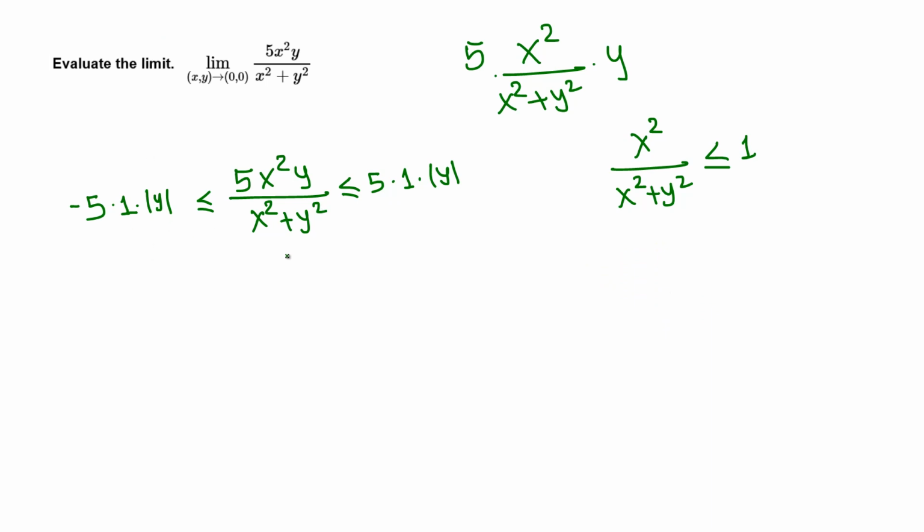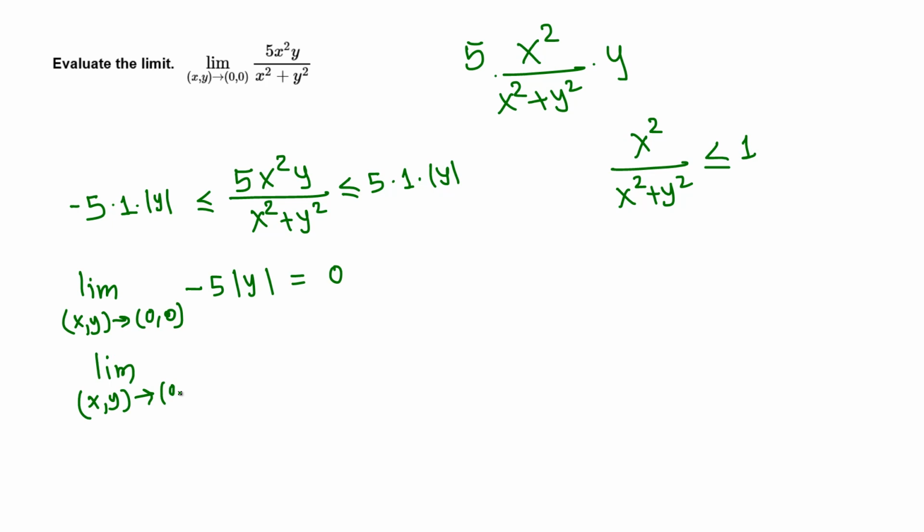Now let's take the limit as x, y goes to 0, 0 of negative 5 absolute y. This is simply 0, because all we have to do is plug in y equals 0 here. The limit of absolute y is also 0; just plug in y equals 0.